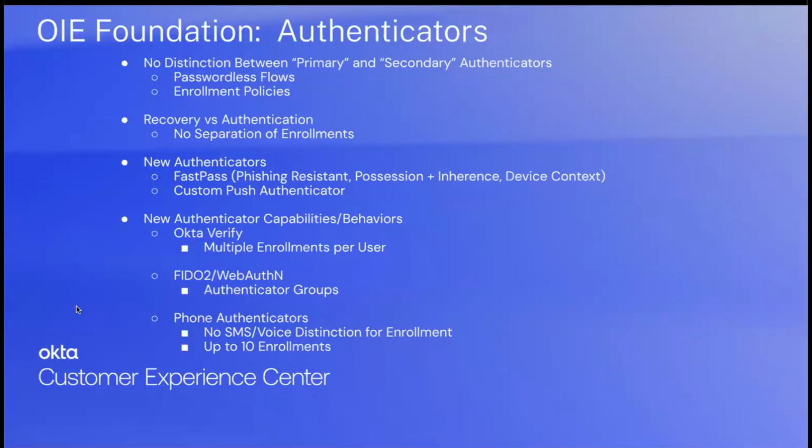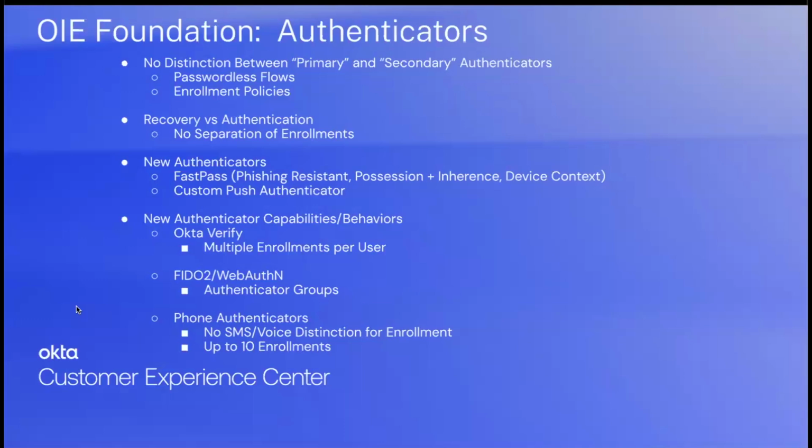Because when you get to OIE, if you have an enrollment policy that you've set to do not enroll, when password gets pulled into that, that's going to apply not just to your so-called secondary factors, but also now to password. So again, the implications of these changes can sometimes affect what sort of behavior you're going to see when you upgrade to OIE.